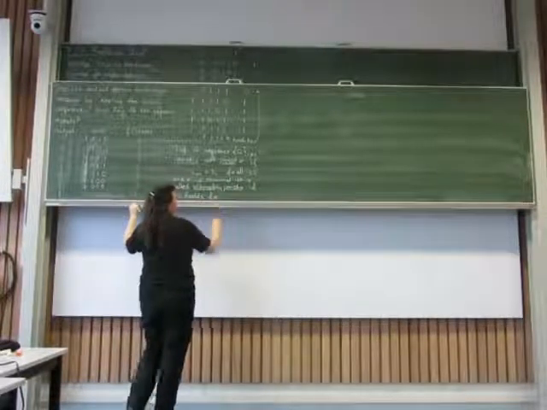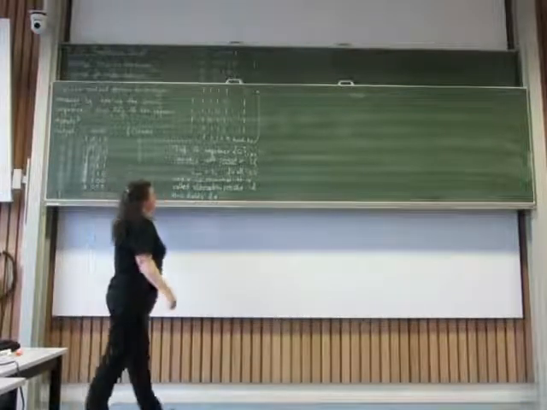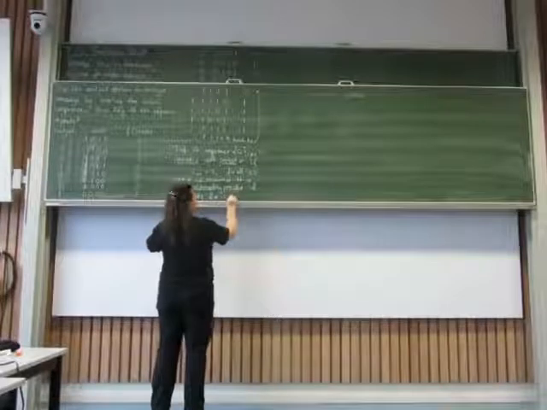So normally we would like to start at i equals 1, but we now allow some initial state, so for i larger than i0.